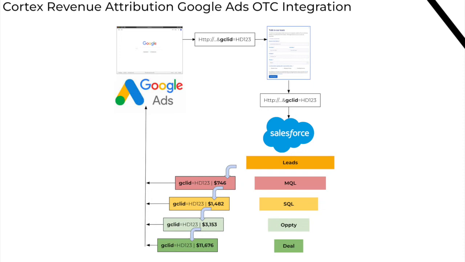And when those leads move into different stages, we want to assign a predicted revenue value of that lead based on knowing funnel conversion rates, the size of the opportunities that this type of person is normally associated with, and so on. As they progress, we increase the predicted value of that person until we know an opportunity value. We start sending the actual opportunity value. And then when the deal is closed, we send the deal value.